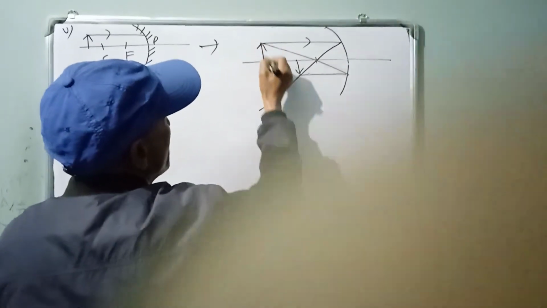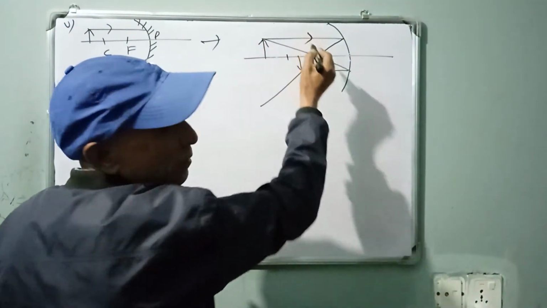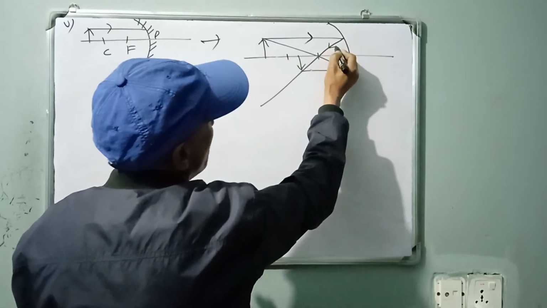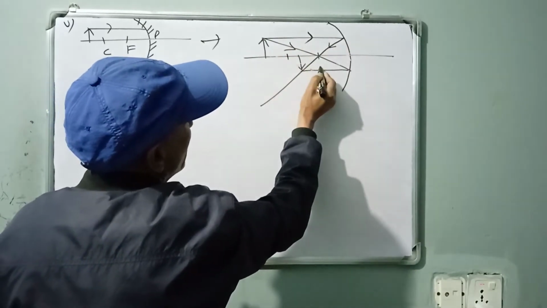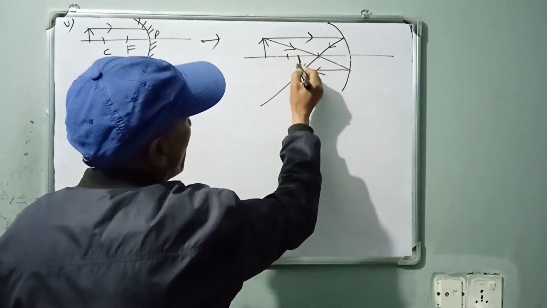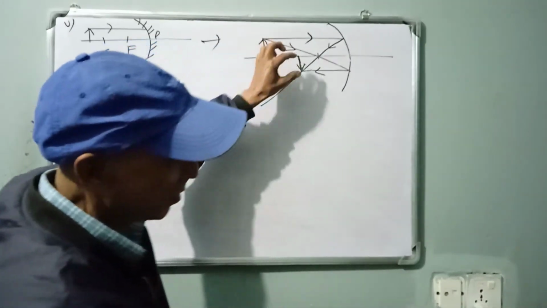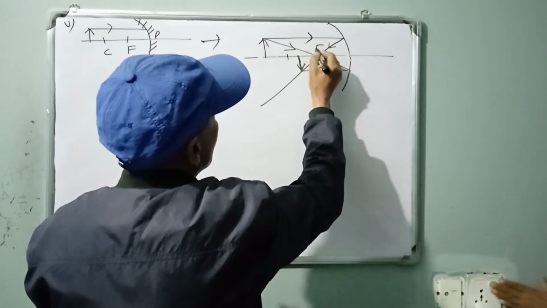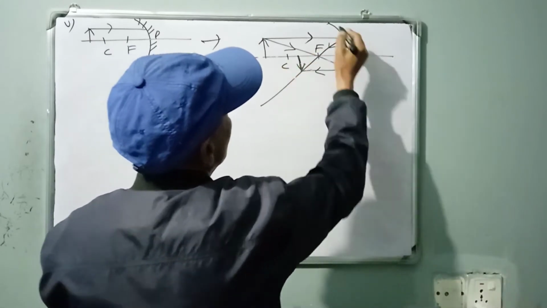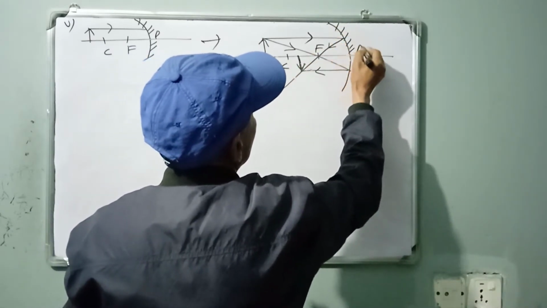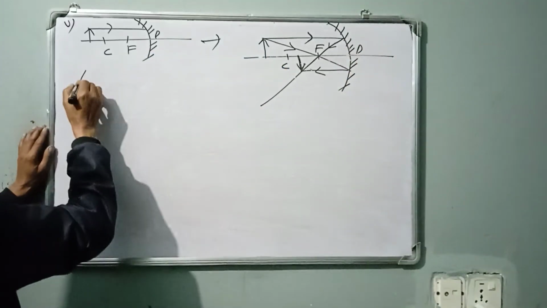See, object, parallel ray, incident ray, reflected ray. These two rays meet at this point. So this is the object, and this is the image. Focus, center, pole. What is the nature of the image?